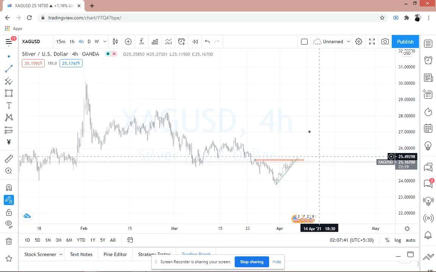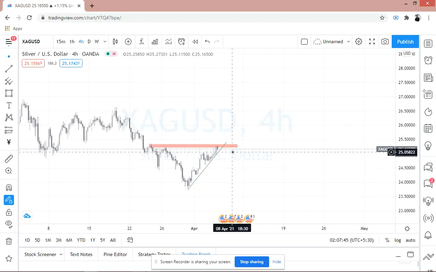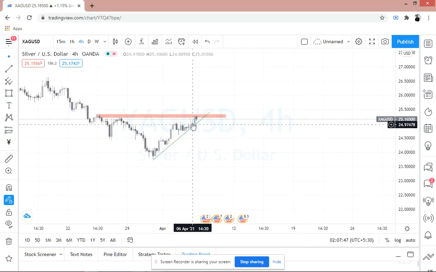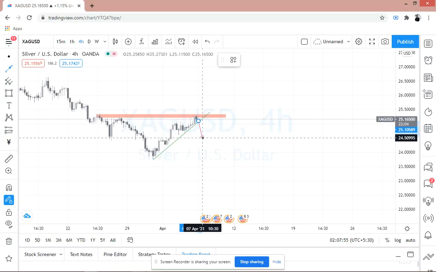So in this kind of situation, what I'm expecting now is to see how this candle will close and start shorting, and start shorting the silver.